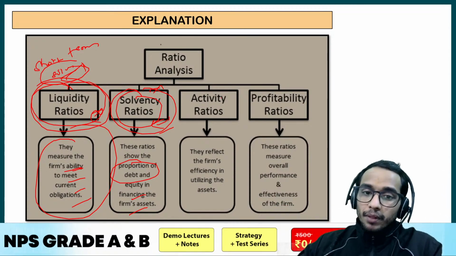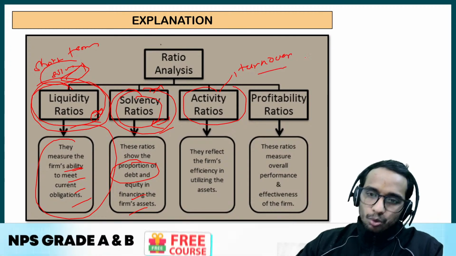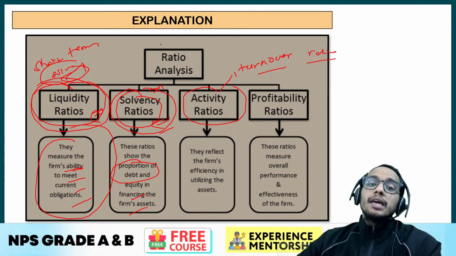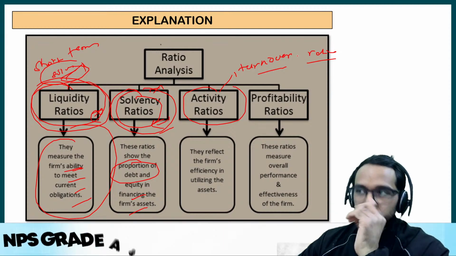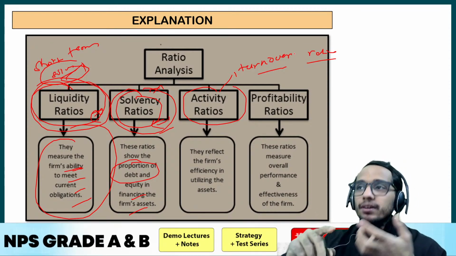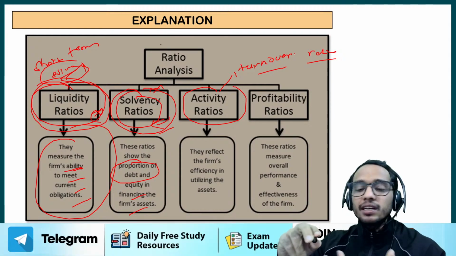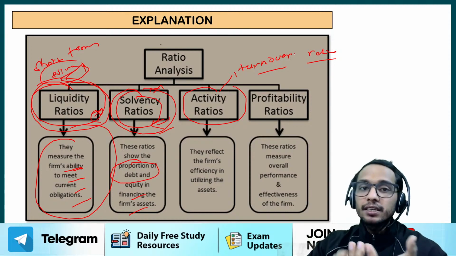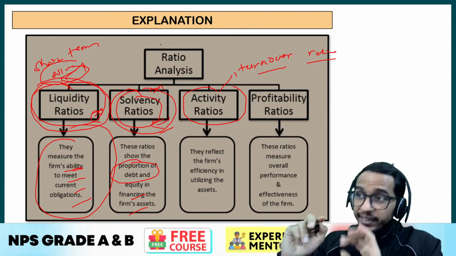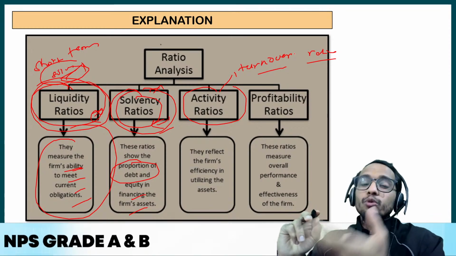Now third one is activity ratio. We also call it turnover ratio. It is the ratio in which you try to figure out the efficiency of your firm's assets, how effectively and efficiently you are using your firm's assets to generate revenue. It is your activity ratio. Therefore we also call it turnover ratio.